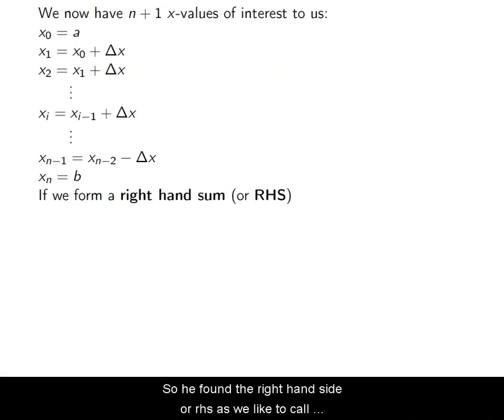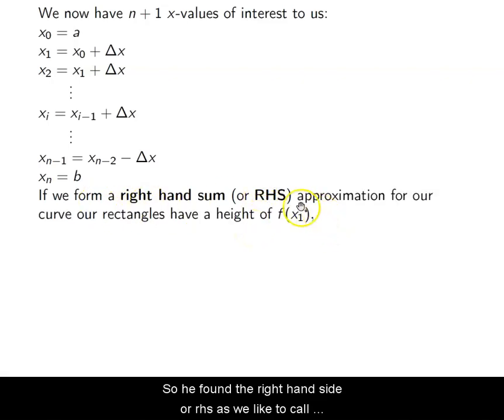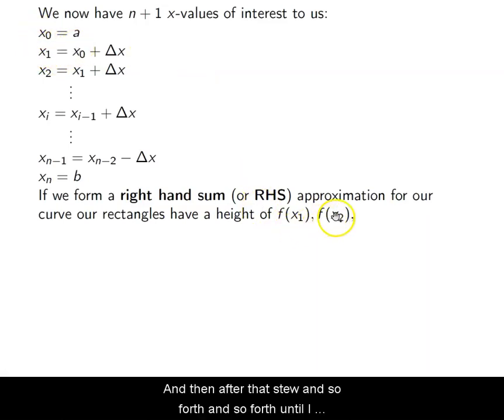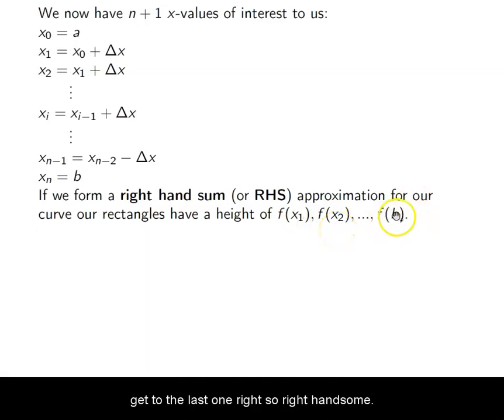All right. So if we form the right-hand sum, or RHS as we like to call it for short, then I start with x1, not x naught. I don't evaluate at a at all, right? So my first height for my first rectangle is the second x value, right? x1 being plugged into my function, and then f of x2, and so forth until I get to the last one, right?